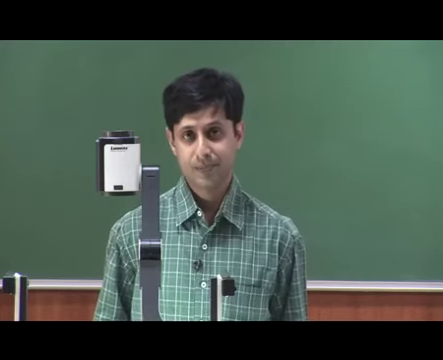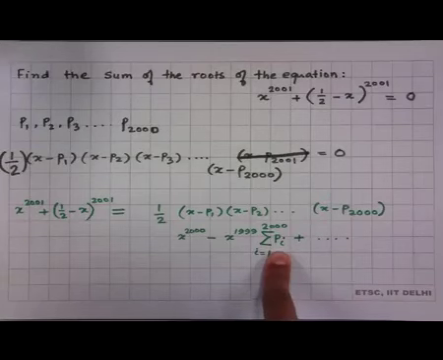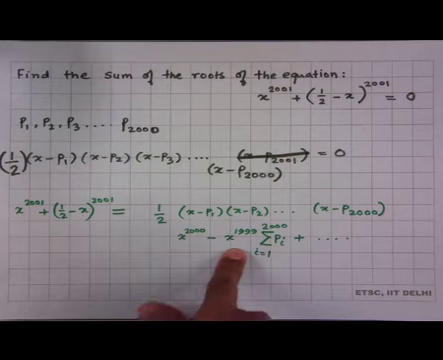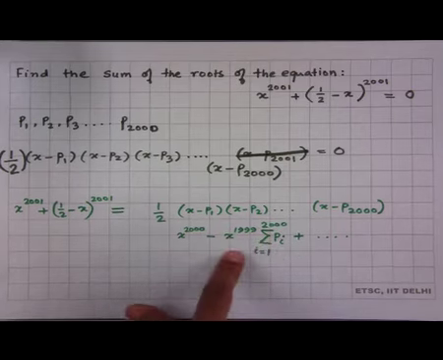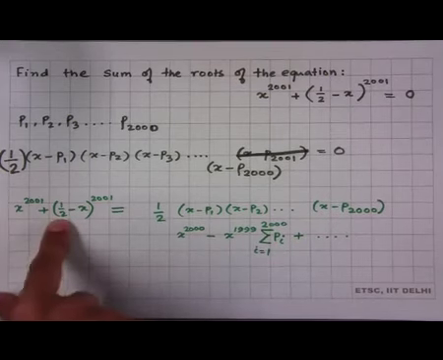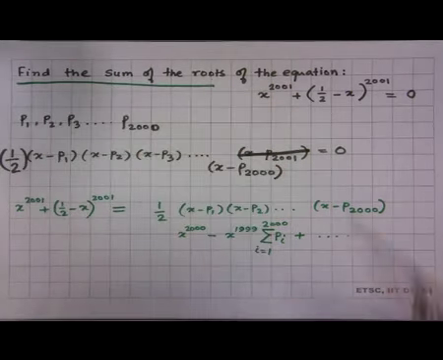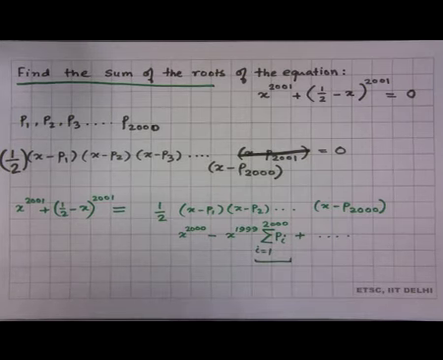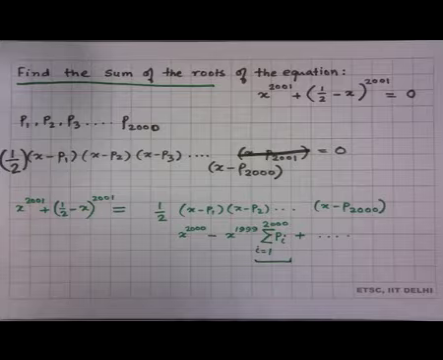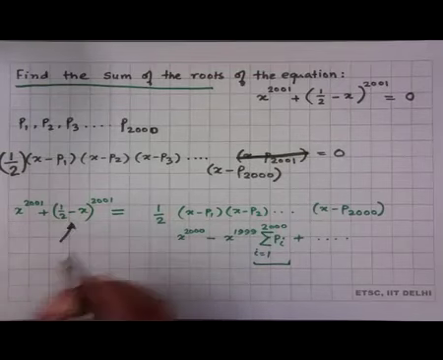So, the sum of the roots times x to the power 1999. The coefficient of x to the power 1999 in this expansion is the sum of the roots. All you now have to do is find out the coefficient of x to the power 1999.